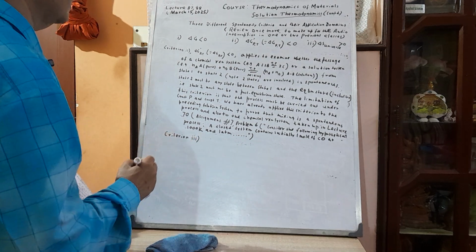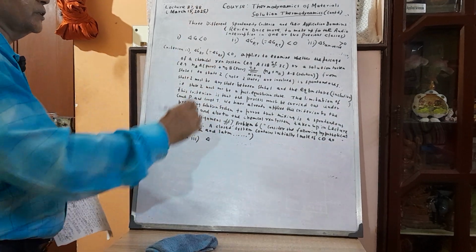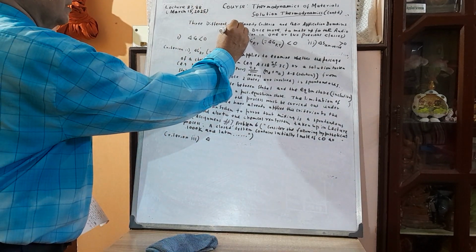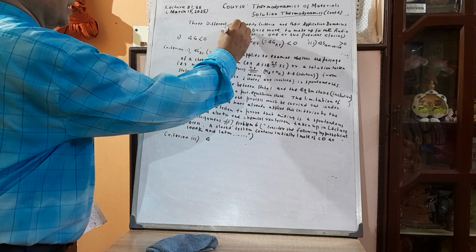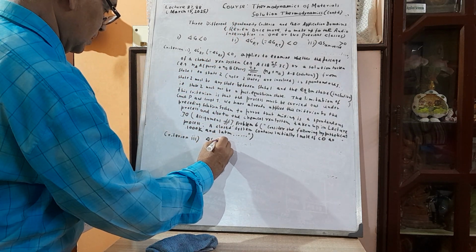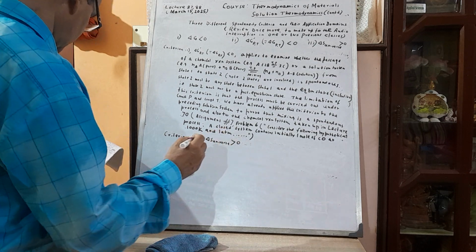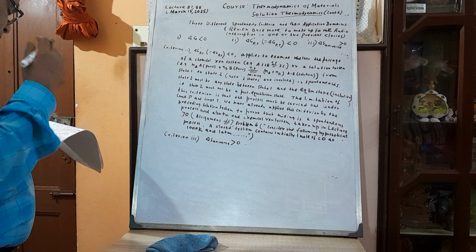What is this? Delta S universe for spontaneity. We are considering for spontaneity. Yes, spontaneity. Different spontaneity criteria. Delta S universe greater than 0.